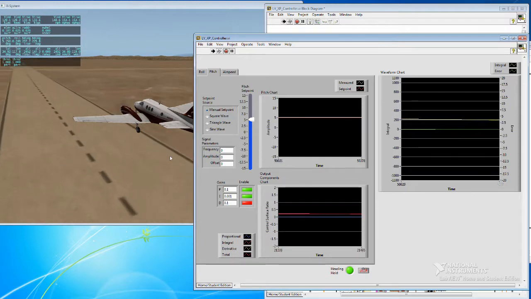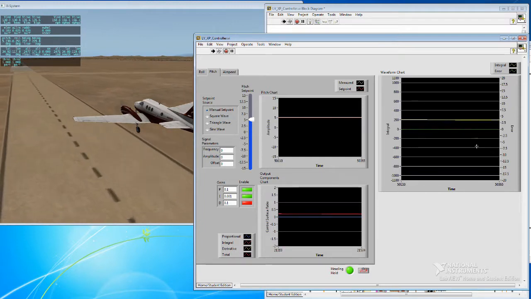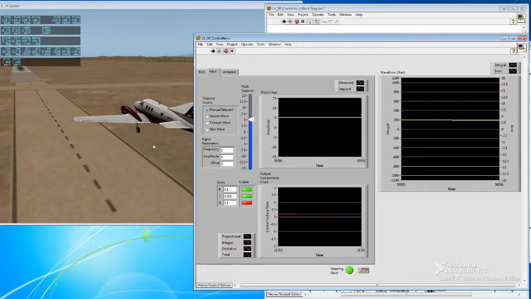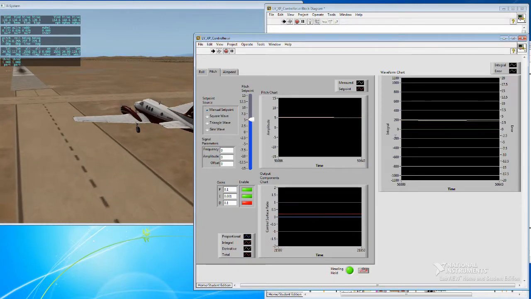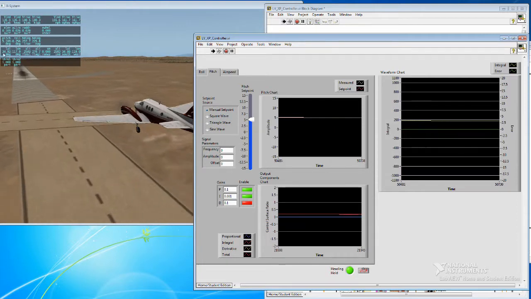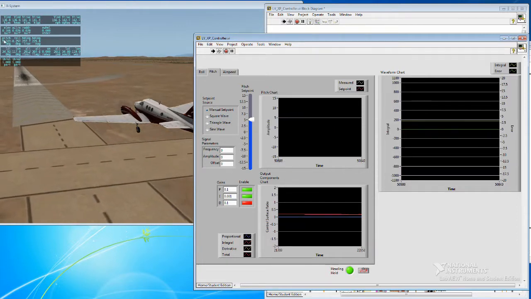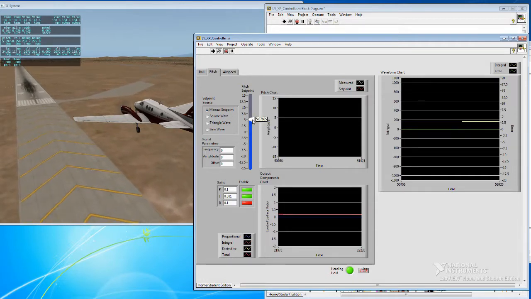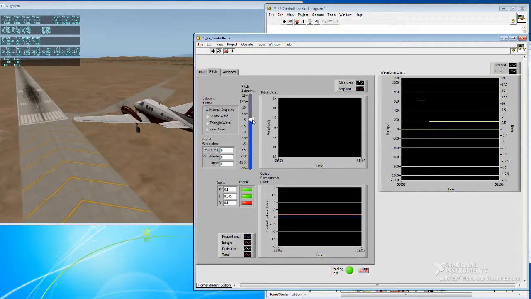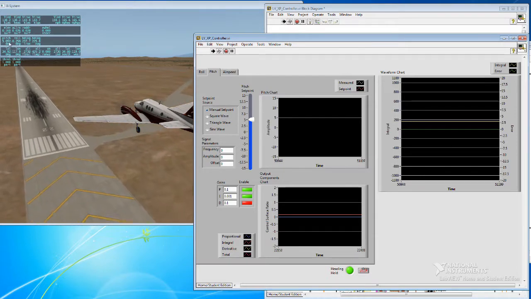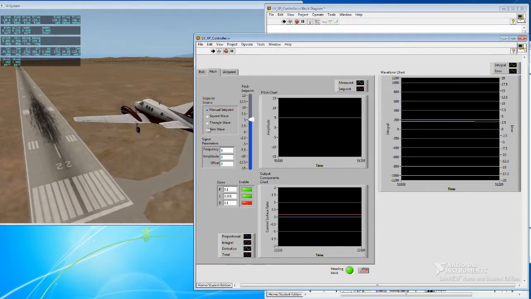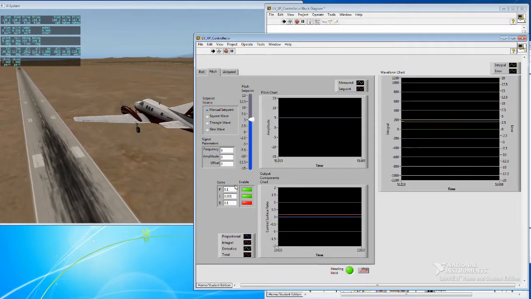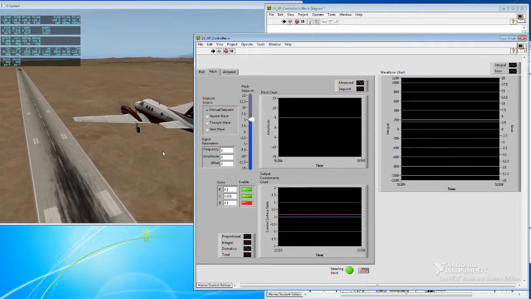So the takeoff wasn't perfect, there was some oscillation there, but we're hardly even off the ground, and we're within 0.1 of a degree of our desired pitch angle, and now within 0.02 of a degree of our desired pitch angle, and the system from now on will continue to behave as it was before.